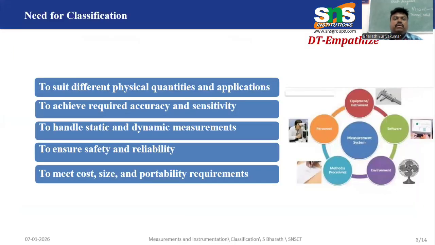What is the need for classification? The different types depend upon a few things. What is the need to classify all these?